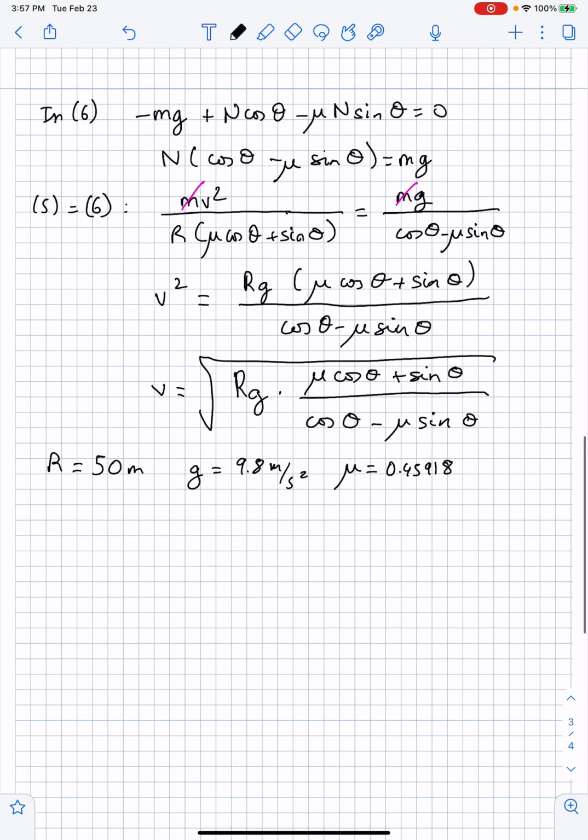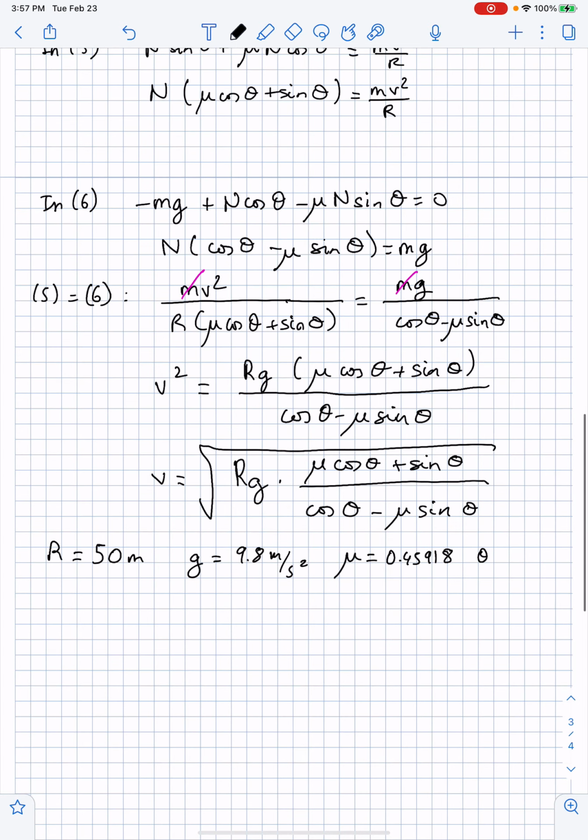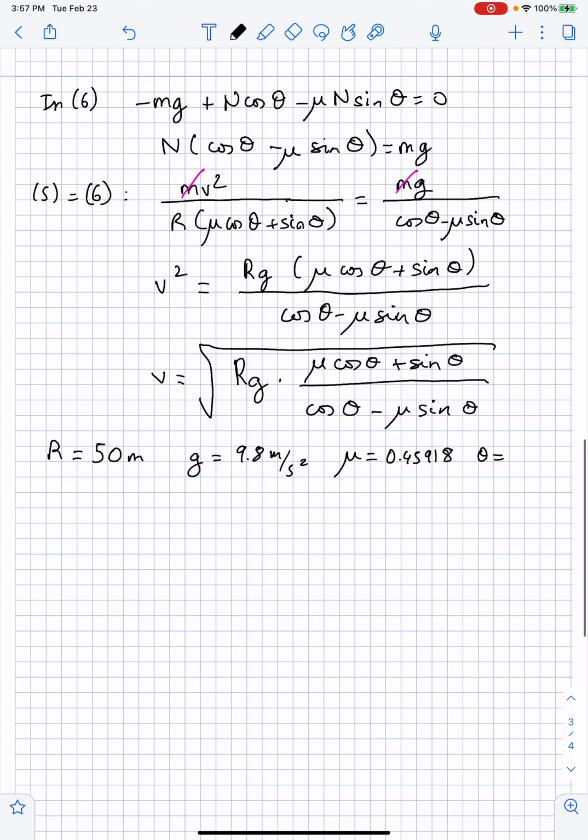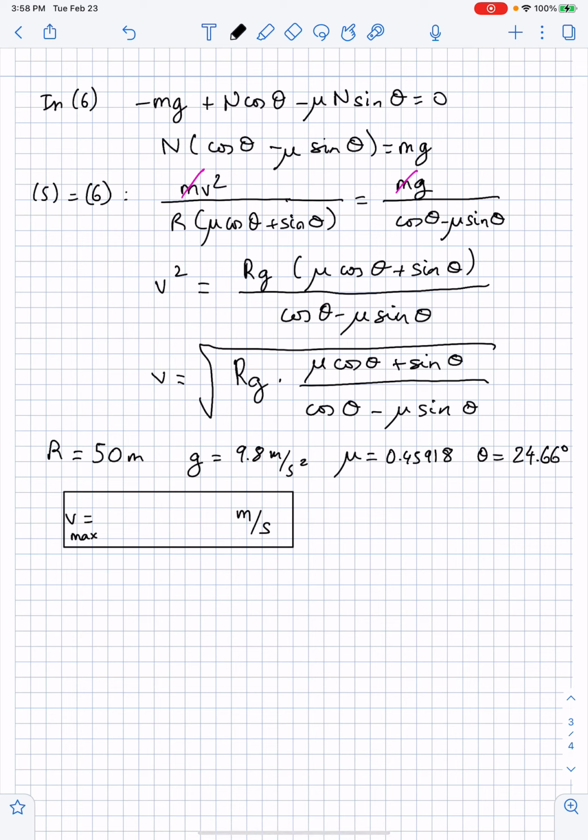And the angle theta is the banking of the road, and we had 24.66 degrees. Okay, so we're going to enter all those values in our calculator, and it's going to be the maximum speed that we can safely use without skidding, without anything bad happening to us. All right, so calculator time.